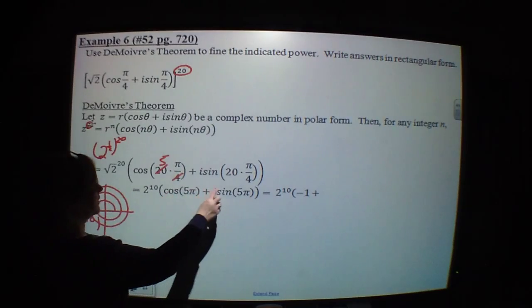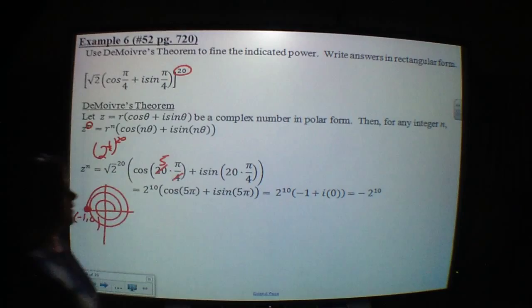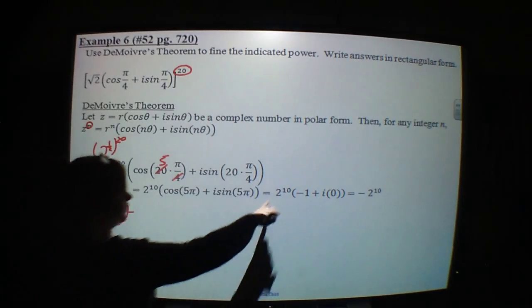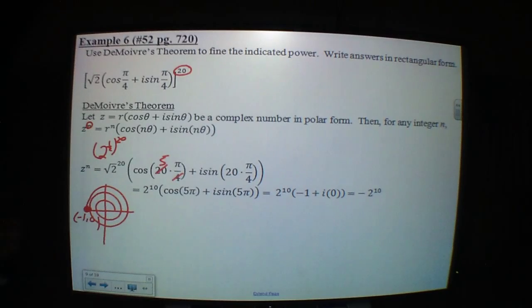So I have -1 plus I times 0, which is just -2 to the 10th, because it's 2 to the 10th times -1. And if I asked you what 2 to the 10th was on a test, and you don't have a calculator, or if I say don't use calculators, you'd leave it as 2 to the 10th. If I asked you like 2 to the 5th, I think 2 to the 5th you could do yourself. But 2 to the 10th, you don't need to. We're done.